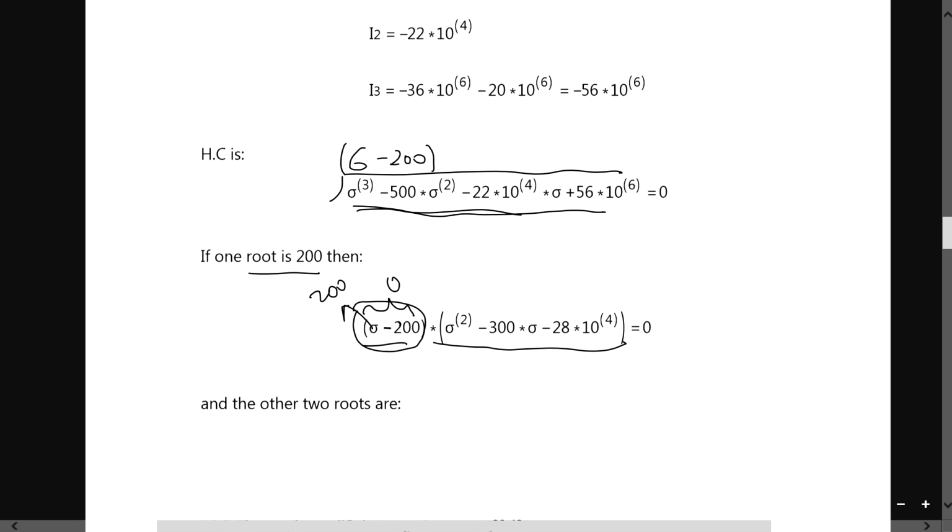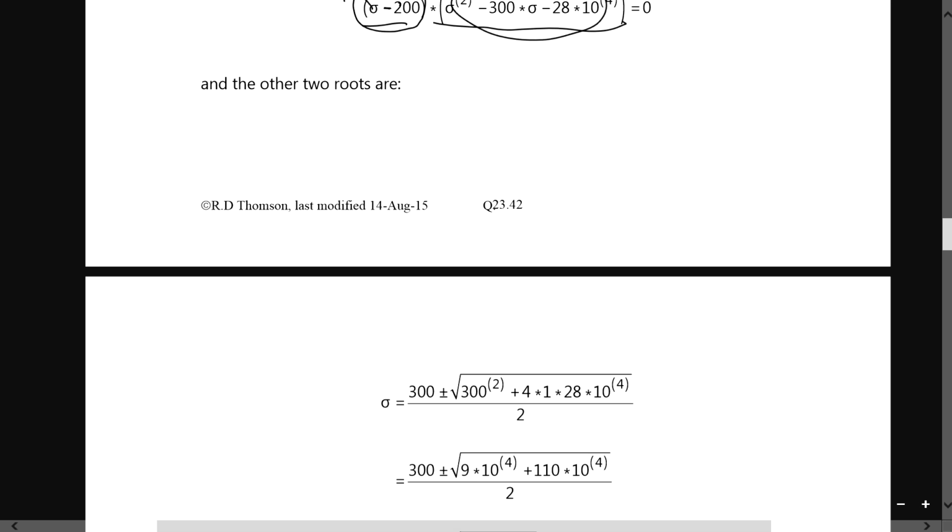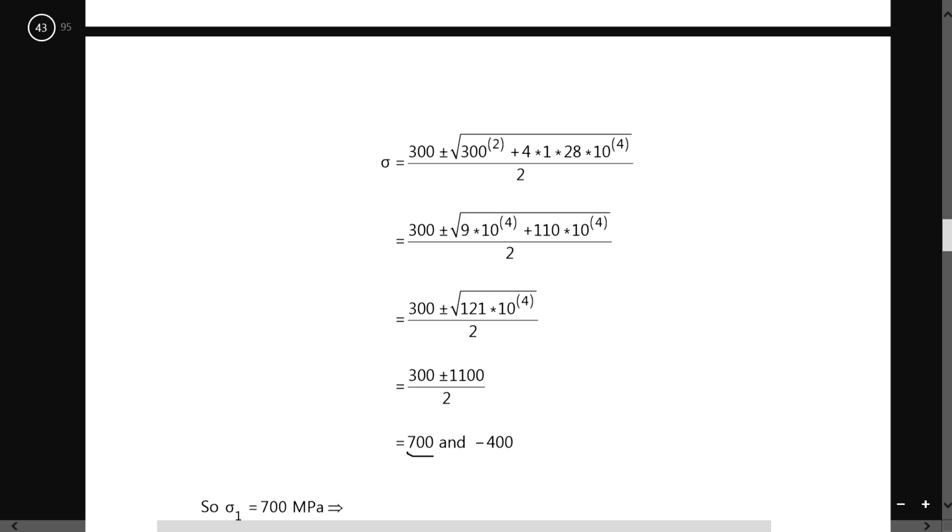But this is a long chunk of method, because once you do this, you still need to apply the quadratic formula all the way up to here to get 700 and minus 400. This is a long chunk, so I advise you to get a calculator.